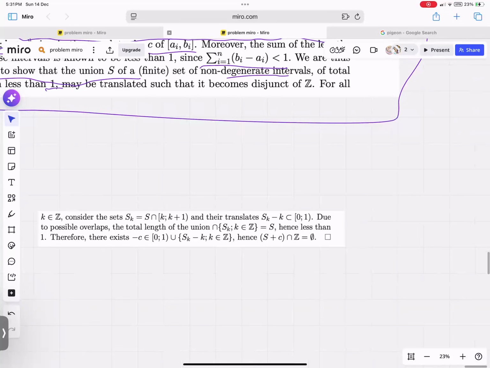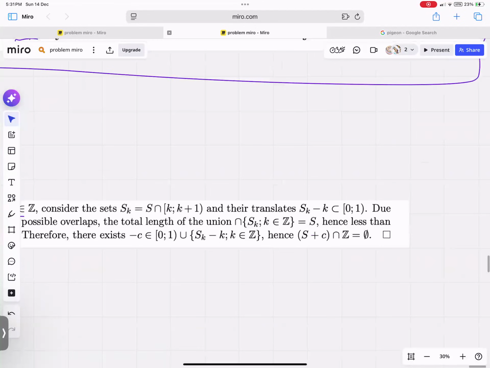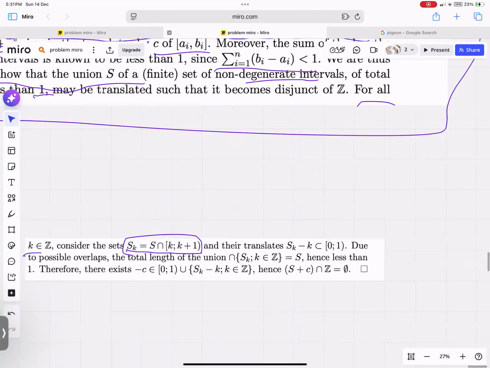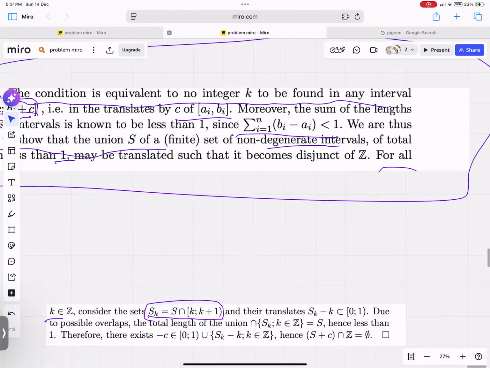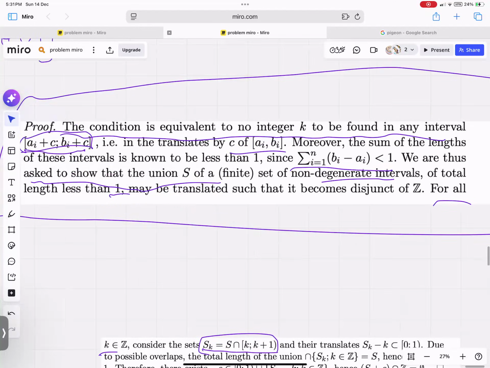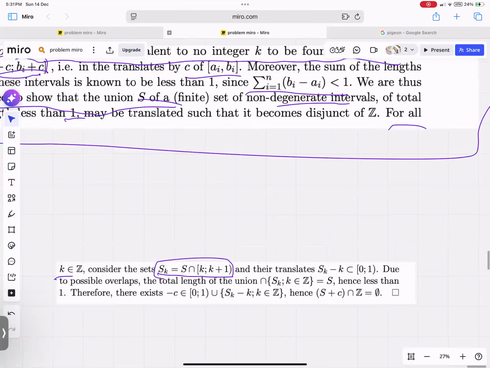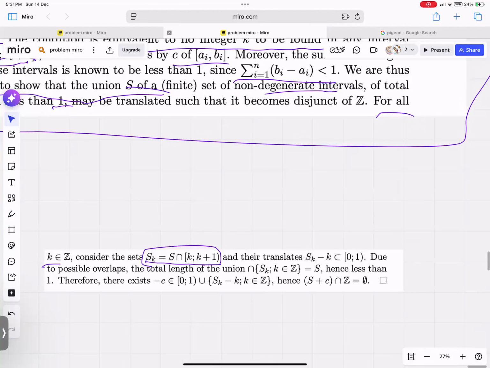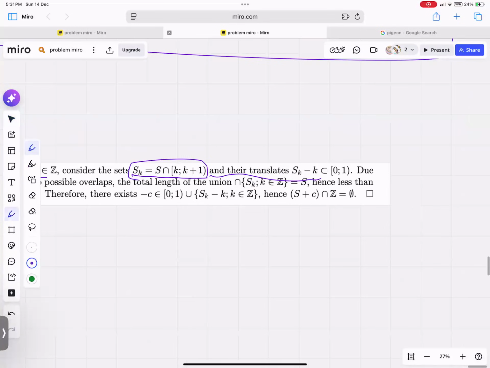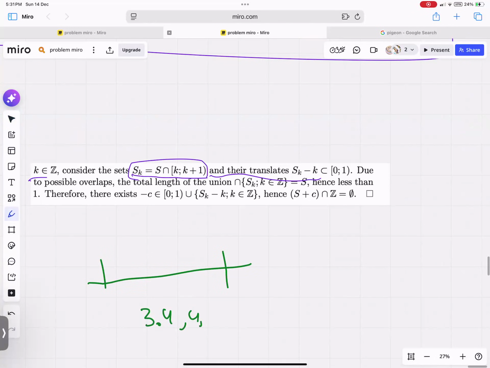So for all k belonging to Z, consider the sets Sk of S intersection k comma k plus 1. We know S is the set of intervals we have. And what we do is we translate them, Sk minus k, into 0 comma 1. So essentially what we do is say our interval is 3.4 to 4.5.